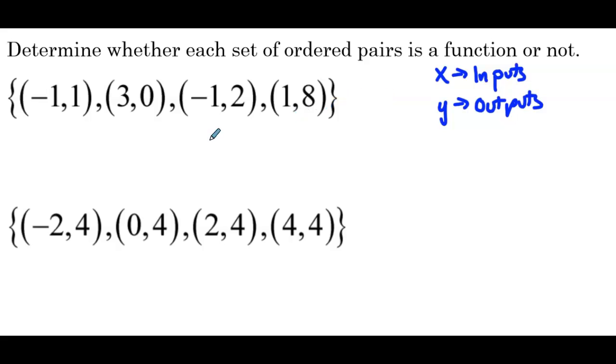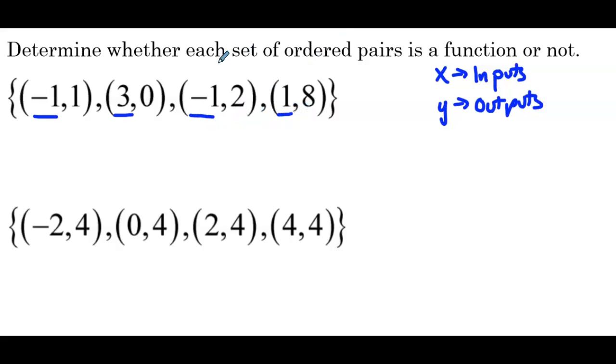So what we're looking for in the set of ordered pairs is that every input maps to only one output. So in the first ordered pair, -1 is the input, the output's +1. Input 3, output 0. Input -1, output 2. Input 1, output 8.